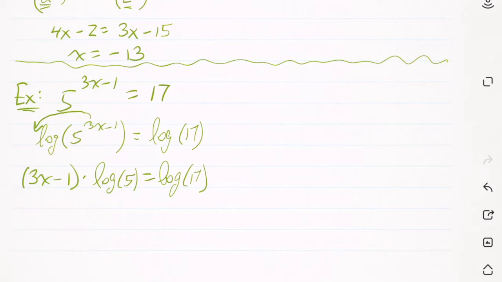Now, one of the easier ways to do it is to, well, some people would distribute the log of 5, which is perfectly fine. I wouldn't suggest it because it'll just get kind of messy. So the easier way to deal with log on both sides and multiplication here is divide both sides by log of 5. It's going to be an ugly decimal anyway, so log of 17 divided by log of 5 is just going to be another ugly decimal.